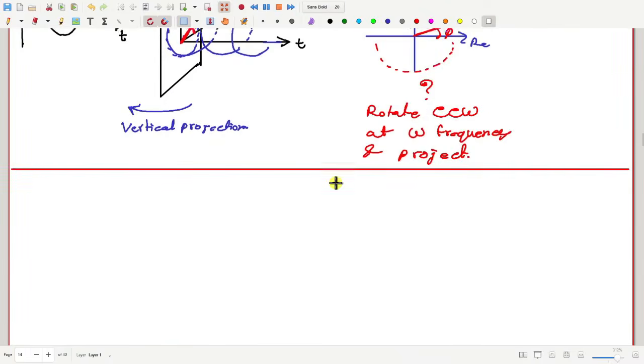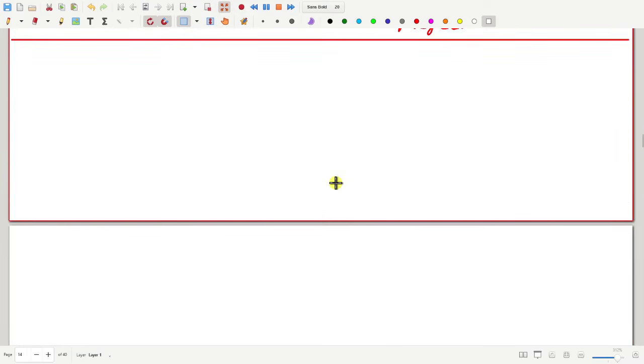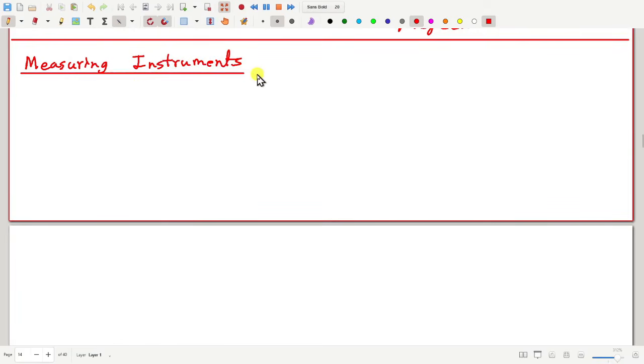So in the rest of this class, I will talk about measuring instruments or equipment: voltmeters, ammeters, wattmeters, etc. An ammeter has this symbol, which has two terminals.